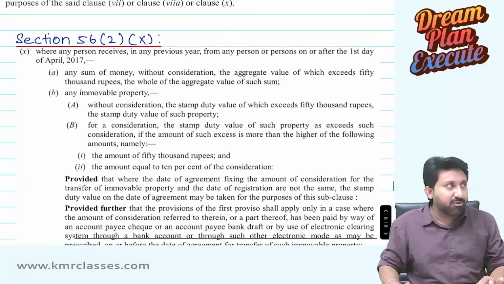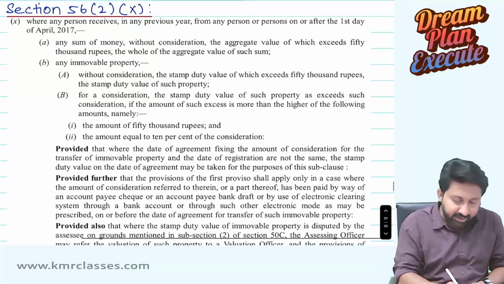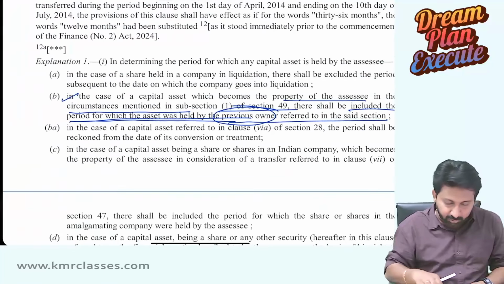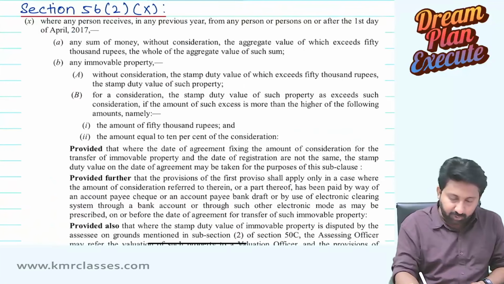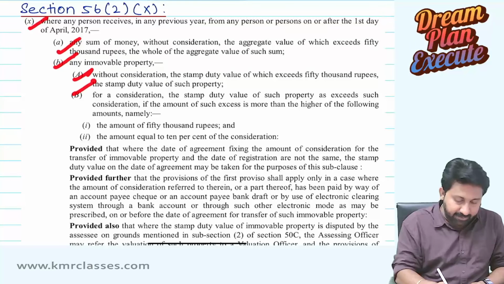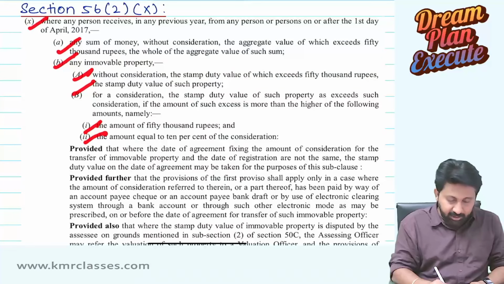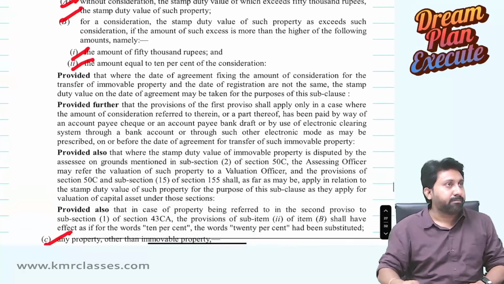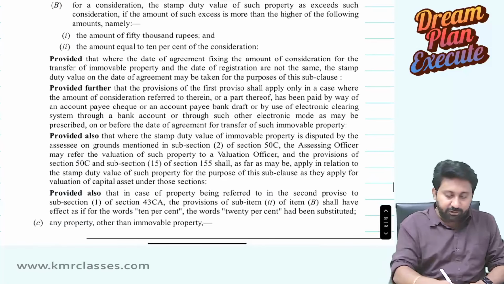Time will be given to you. I want you to read 10. Do one thing. I want you to read 10 A, B, AB here, 1, 2 here. Leave the provisos now and read C, AB. That is your work. Provisos don't read now.